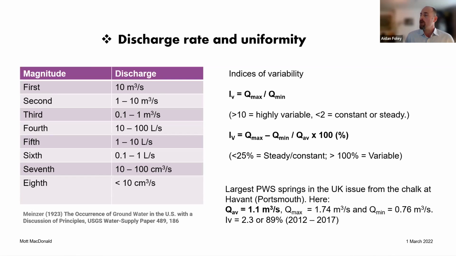magnitude of spring. Now, on the right-hand side, we can see the indices of variability, or measures of variability of spring discharge. And the reason that this is important is because it can tell you a lot about the structure of the ground, the structure of the permeability of the rocks that are supplying water to a spring.